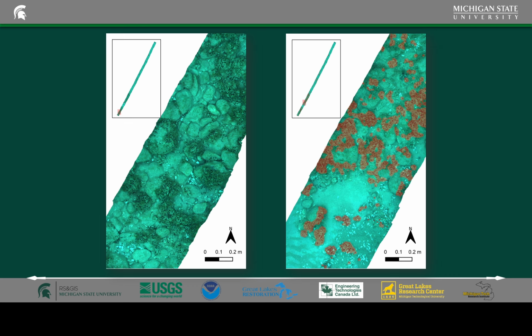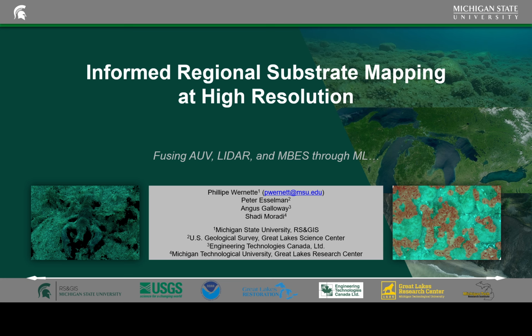This is one of Angus Galloway's models that has been applied to this data set. You can even see a rusty crayfish in the upper right corner. He's only about yay big, but our ability to resolve these features is just incredible and opens up a plethora of opportunities for mapping. So thank you.